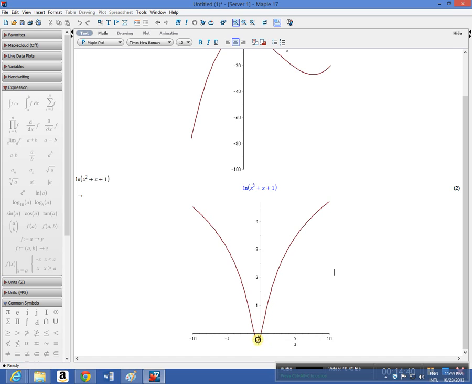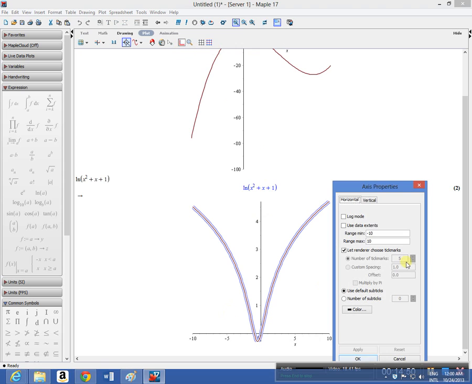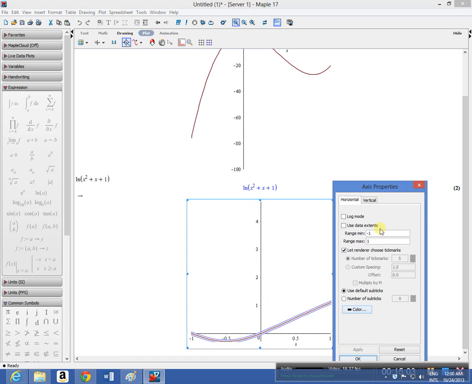There is an absolute min right here. So I want the interval for x equal to -1 to 1, and we'll change the y while we're at it. Let's make it reasonable, negative 1, and make it go up to 3.